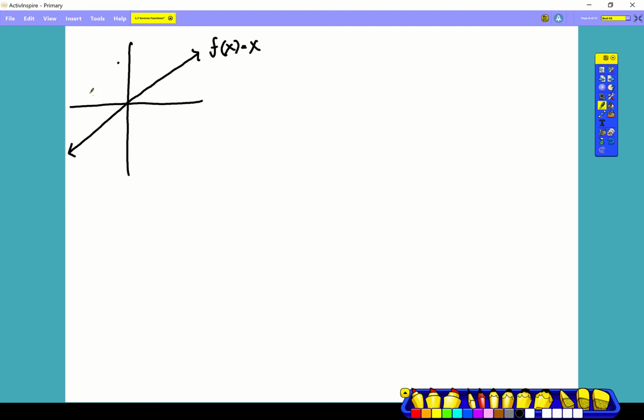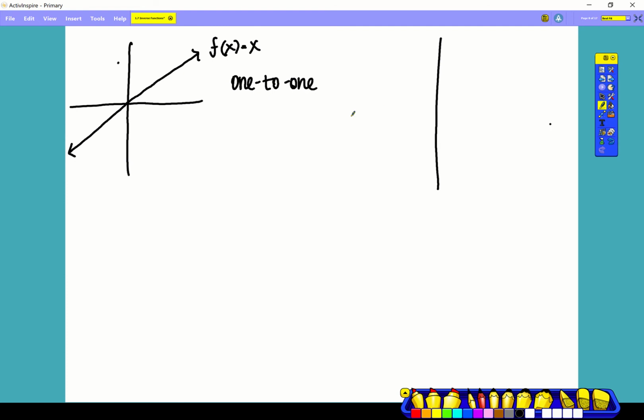So notice it passes the horizontal line test, so it is one-to-one. Therefore, it does have an inverse. And it will have an inverse for every value. All numbers, it'll have an inverse.